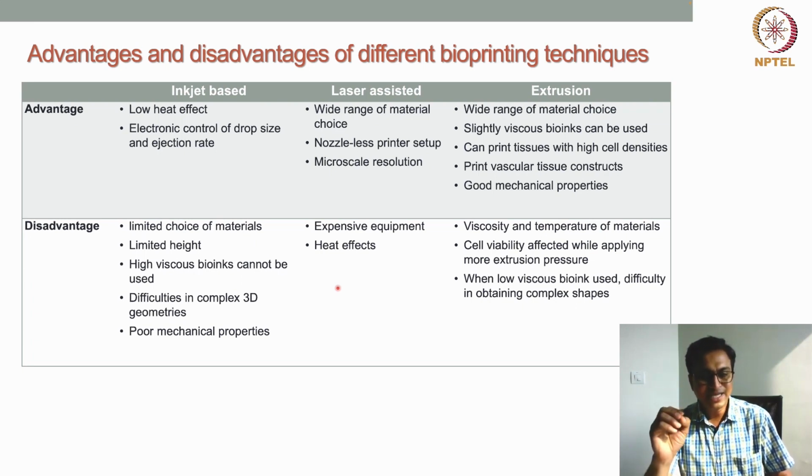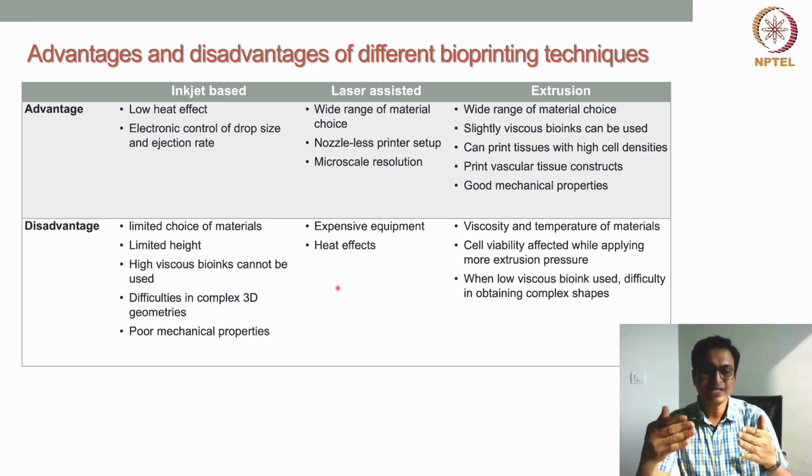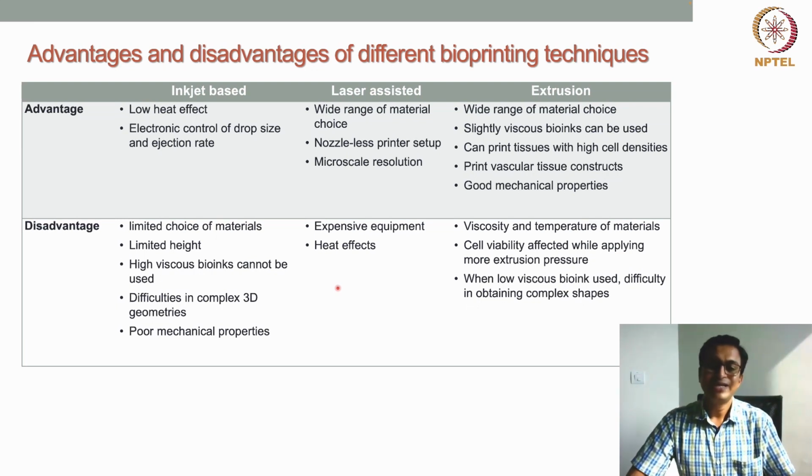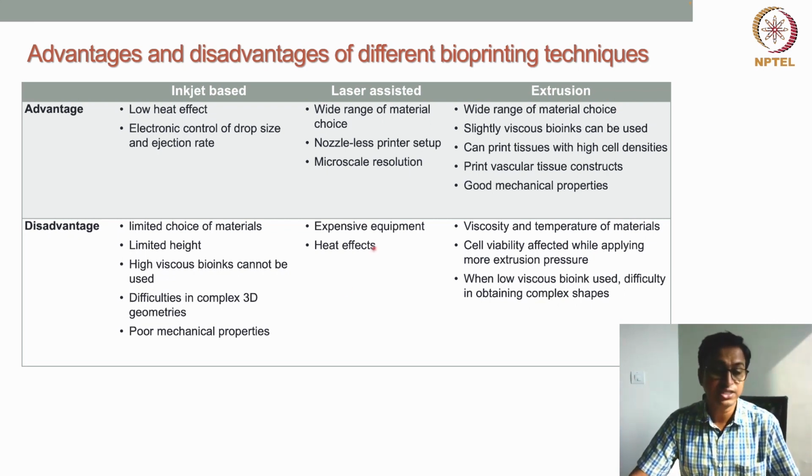Basically the metal layer heats up, even if for a very small fraction of time. The temperature increases tremendously, and that heat can be dissipated to the bioink, and there can be a detrimental effect on the bioink because of the generated heat. So that can be a disadvantage for laser assisted bioprinting.